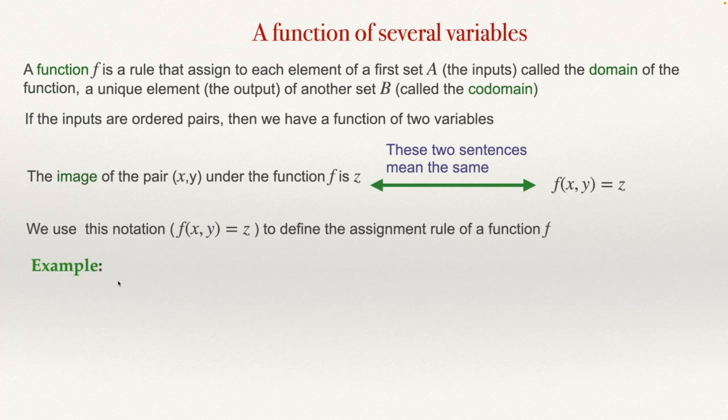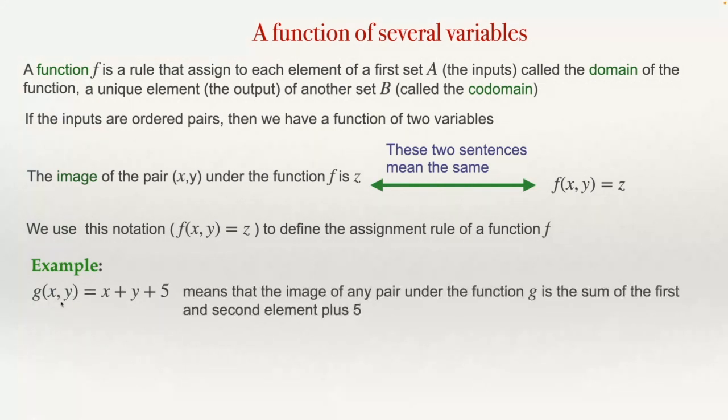So I'm going to say things like this. The image of x, y equals x plus y plus 5. So I'm using this notation to define the assignment rule. In this case, to get the image of a pair x, y, we need to add together the first number x and the second number y, and add 5. This is an ordered pair, and usually in mathematics, to denote that this is an ordered pair, we use this round bracket. So the thing that is inside is a pair, but not only a pair, it is an ordered pair.